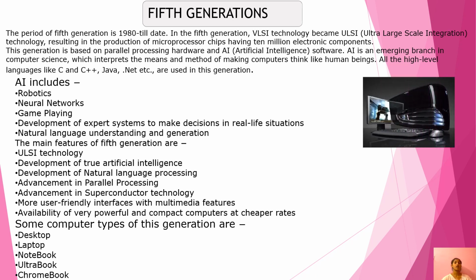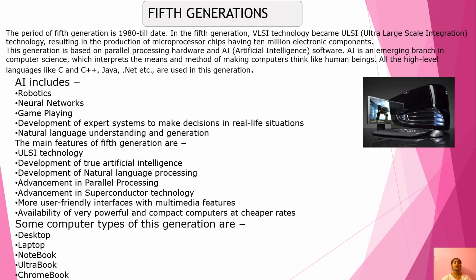AI includes robotics, game playing, development of true artificial intelligence, development of natural language processing, advancement in parallel processing, advancement in superconductor technology, and availability of very powerful and compact computers at cheaper rates. Some computer types of this generation are desktop, laptop, notebook, ultrabook and Chromebook.